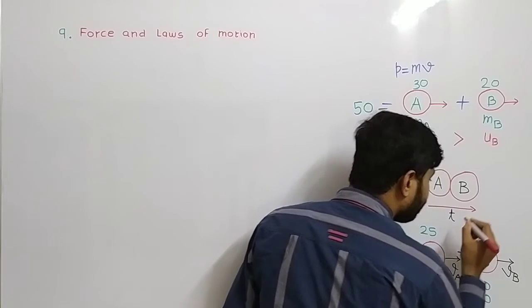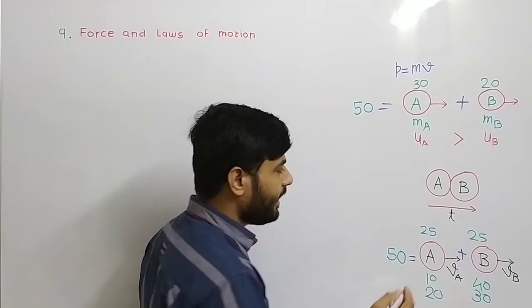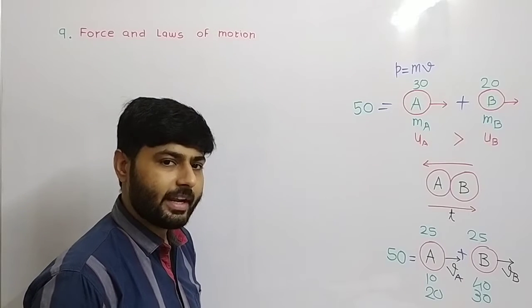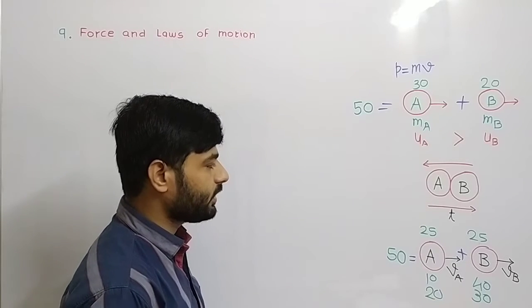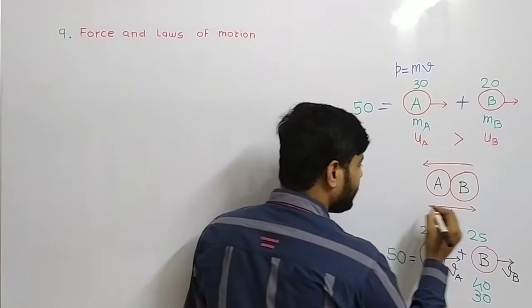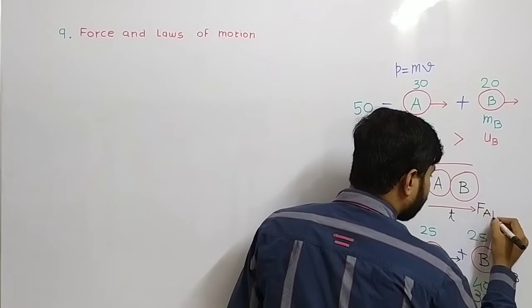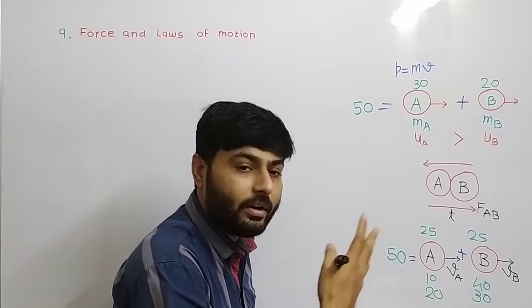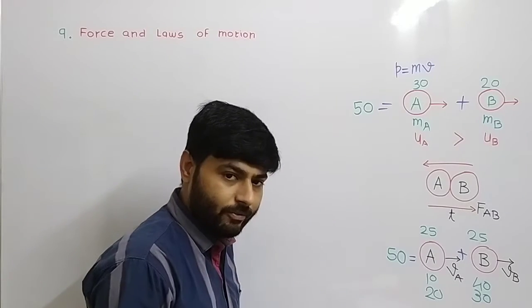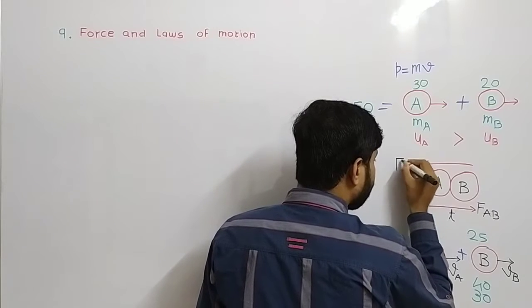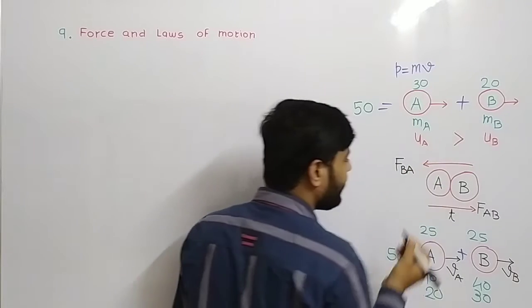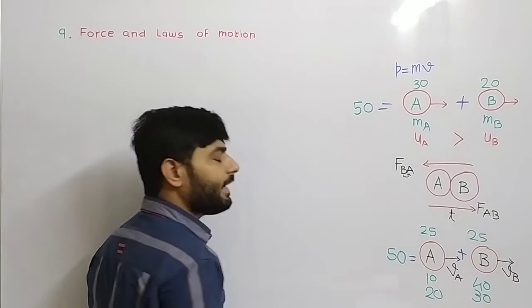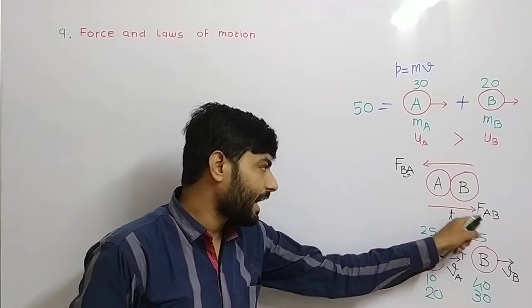This ball A exerts force on B, and at the same time this ball B exerts force on A. So we have two forces, and I give name as FAB, that is force exerted by A on B, and same force FBA, that is force exerted by B on A. Why are these forces the same?